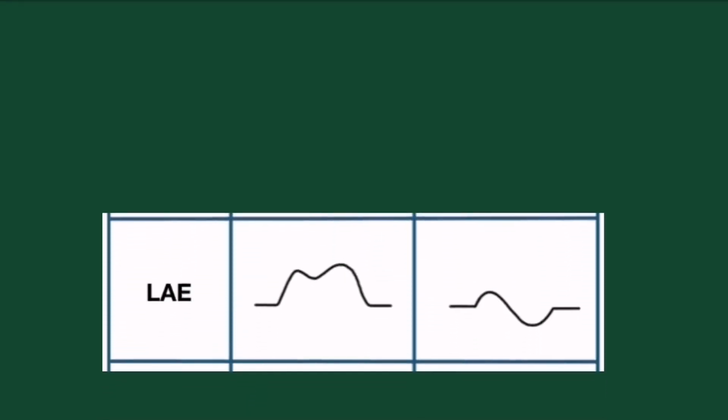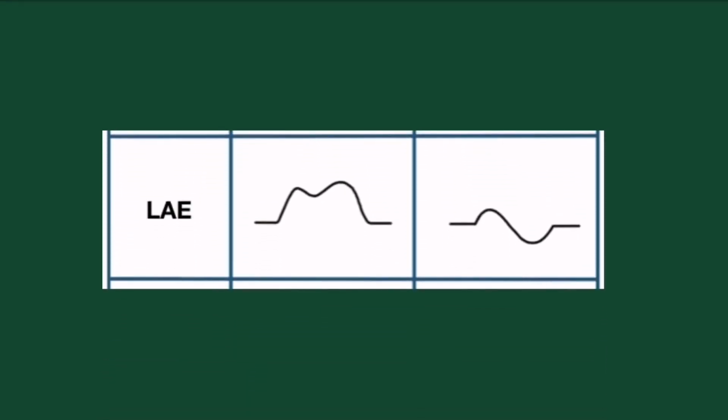Now, this is a diagram to illustrate and simplify how left atrial enlargement can be identified on the ECG. So the first waveform is found in lead 2, and the other waveform in V1. Remember, we said that the normal morphology of the P wave is that it has a smooth contour.